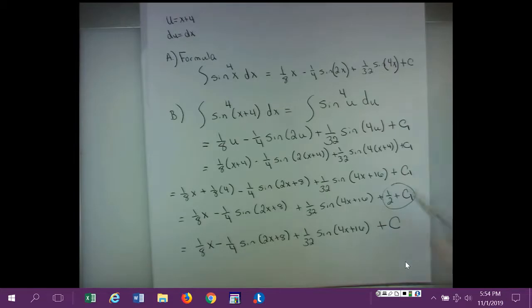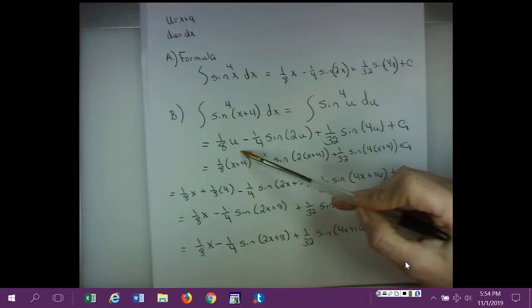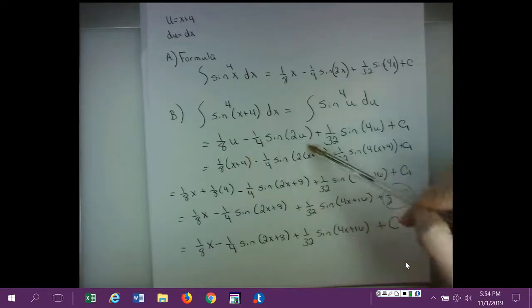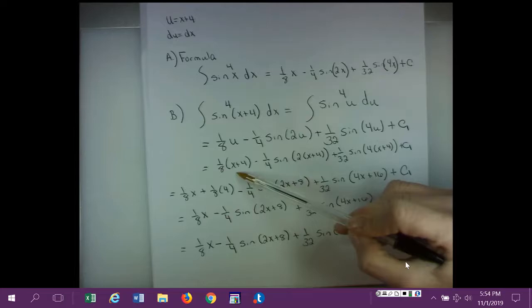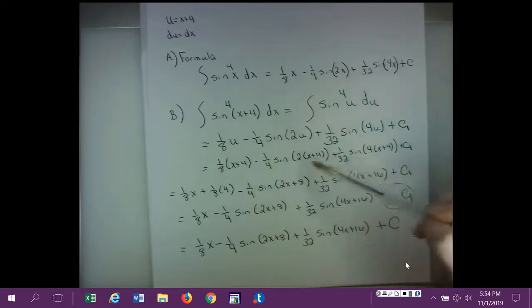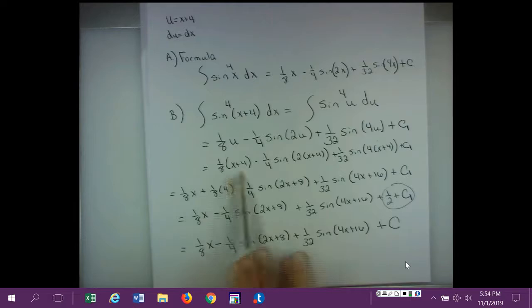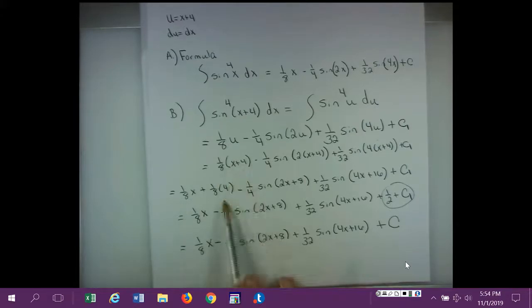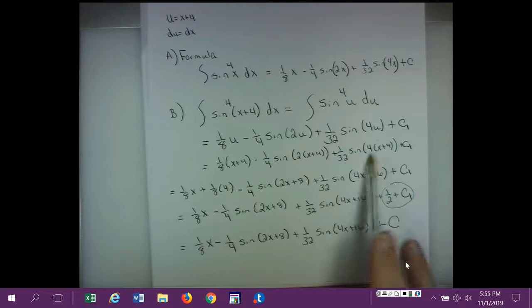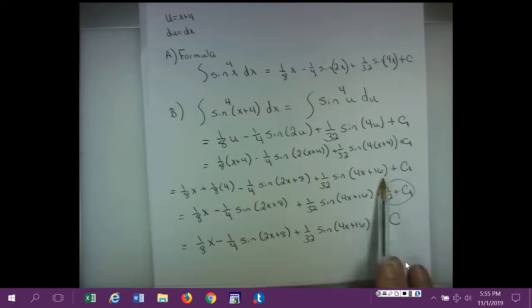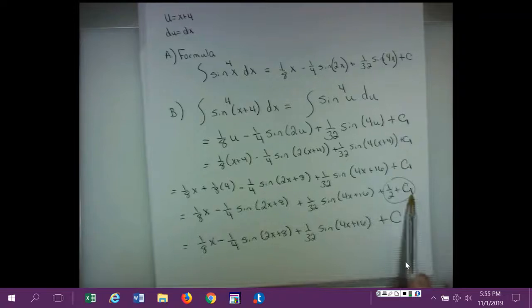Again, a very simple problem to change over to u, and then you state its blue box special, and then you go back to x. U is x plus 4, and so I distributed the 1/8. I distributed the 2. I distributed the 4. And then I realized closer to the end I was going to need to make these c sub 1s.